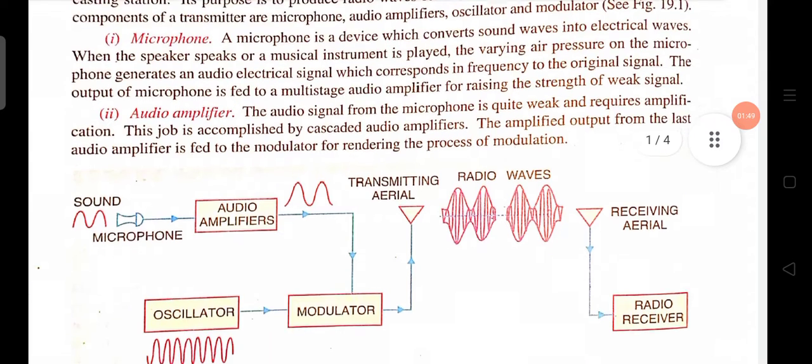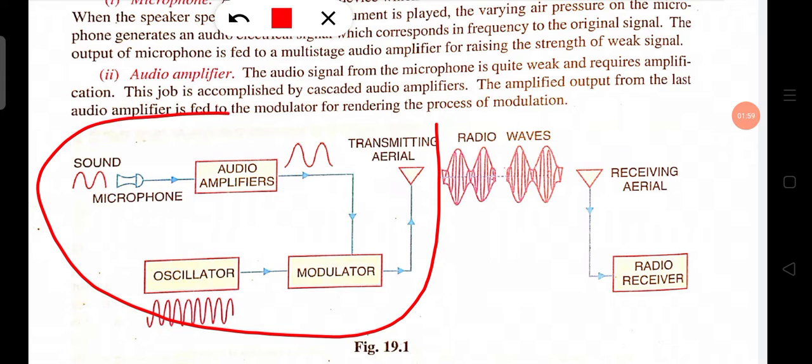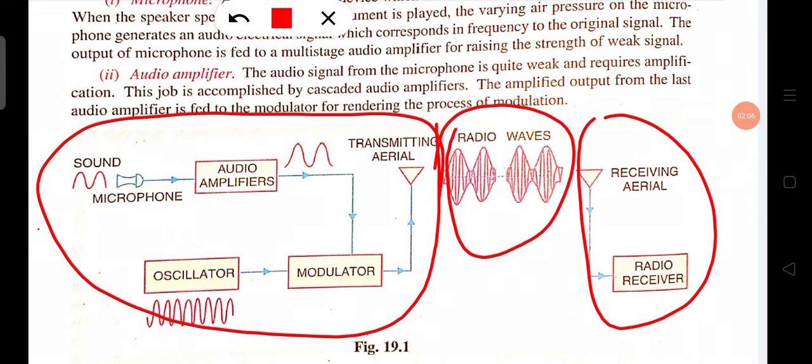You see, this diagram is the whole communication system. Here this much is the transmitter, this much is the radio wave, and this much is the radio wave receiver. So this is part 1, part 2, and part 3.